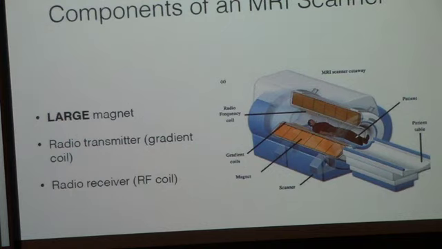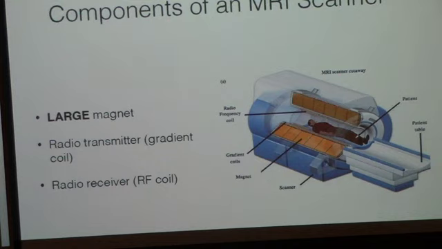That field will help you align all the protons in your body so that they essentially point in the same direction. And then we have the radio transmitter, also called the radiofrequency coil. This coil transmits radio frequency power to your body, and then it can excite all the protons in your body, especially the protons in the water.